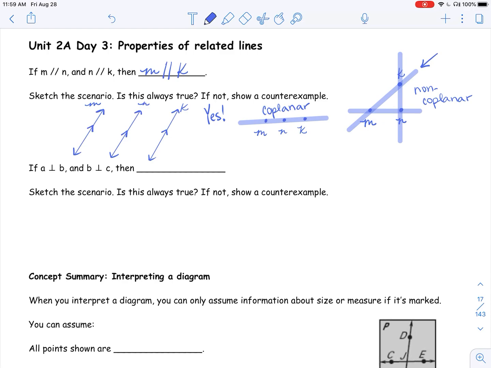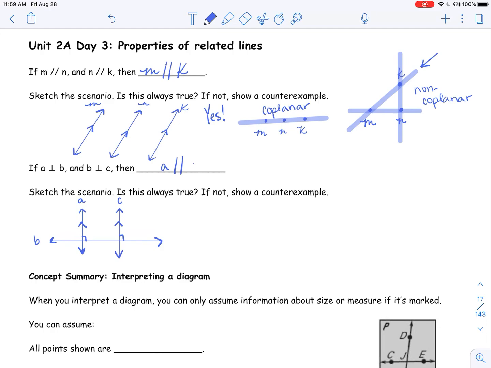So if A is perpendicular to B, here are A and B, and B is perpendicular to C, then what do you think we notice, as long as these are coplanar, about A and C?